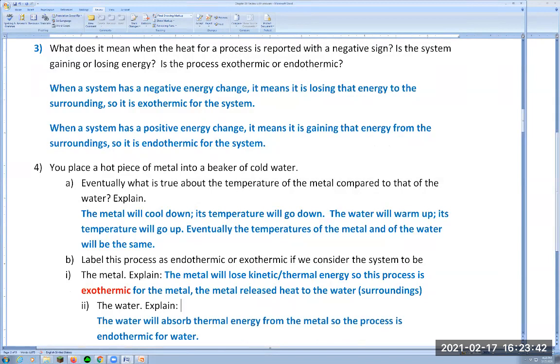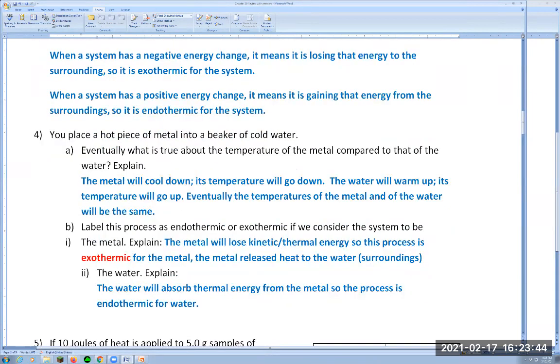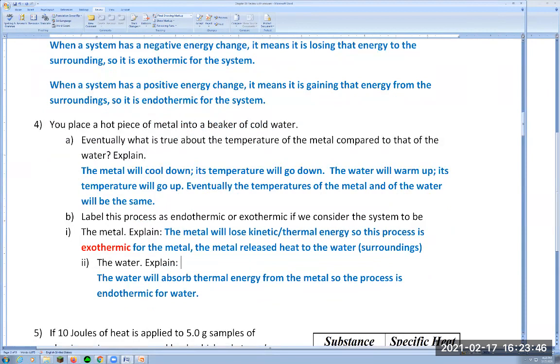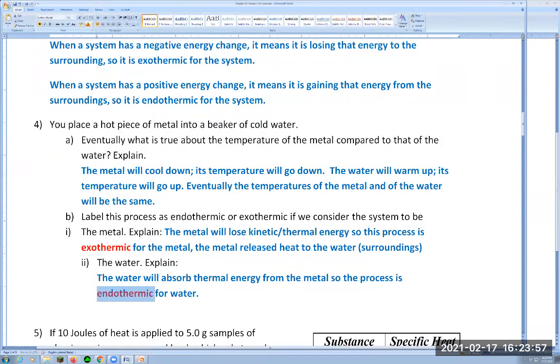I'm sorry for getting those mixed up, but it's written properly here. The water absorbs thermal energy from the metal. It absorbs it, so it is endothermic for the water. So notice how, between water and the metal, if it is an exothermic process for one, then it is an endothermic process for the other automatically.